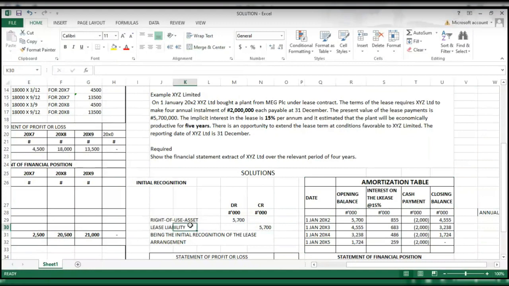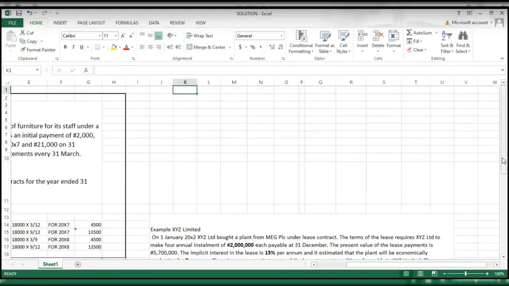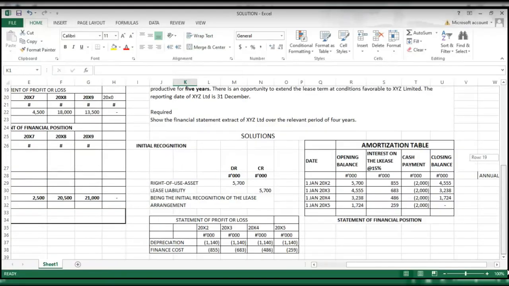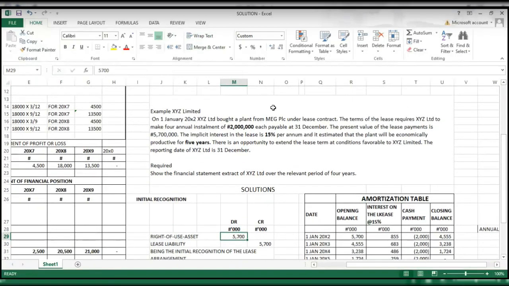So when the agreement was reached at the commencement of the lease, the double entry is that we debit the lease asset with the amount of the present value of the liability, which is actually what has been given to us, the present value of the lease payments, and credit the liability. This one does not have additional information relating to expense incurred in respect of the lease.